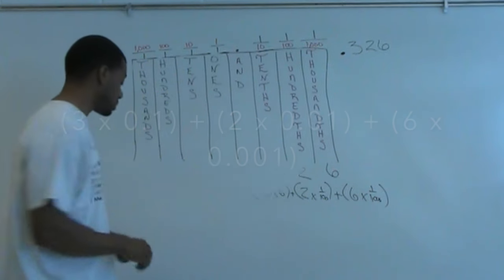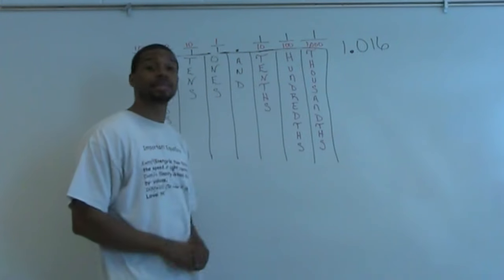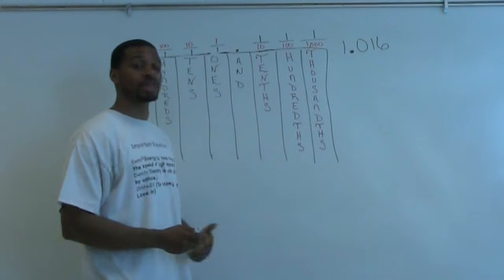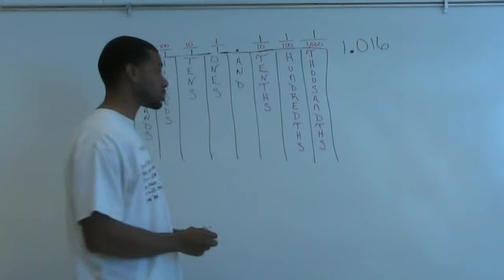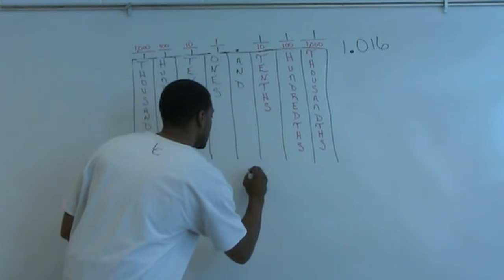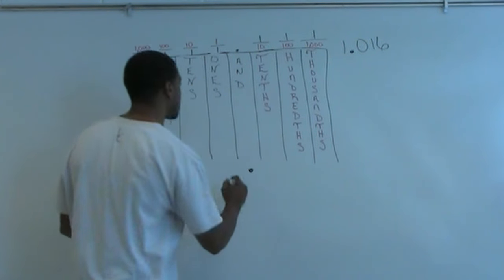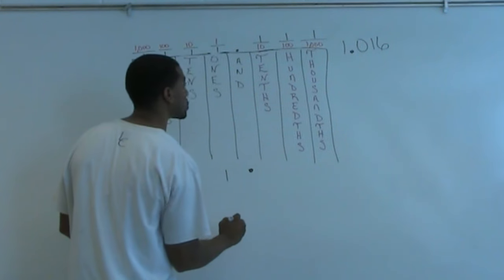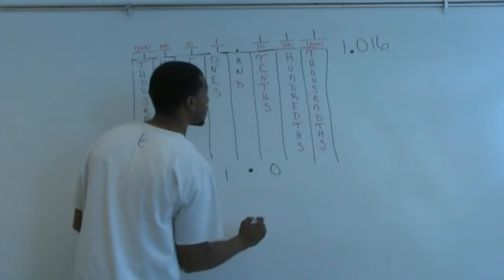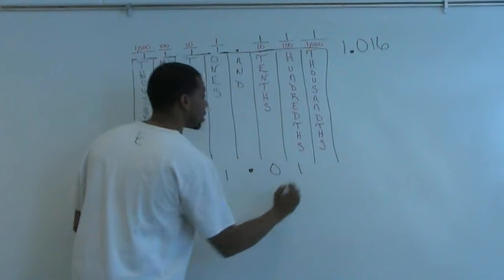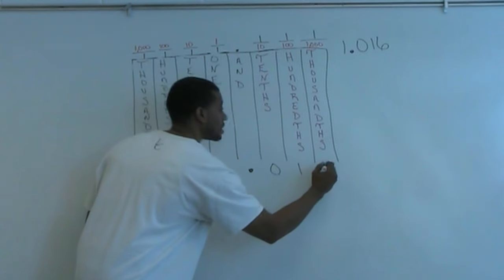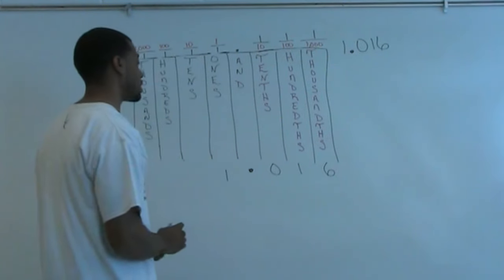Let's try another one. My next number is 1 and 16 thousandths. The first thing that I need to do is line up my decimals. So I line up my decimals, and then I place one digit inside of each column. So my 1 is in the ones place, the 0 in the tenths place, the other 1 is in the hundredths place, the 6 is in the thousandths place.